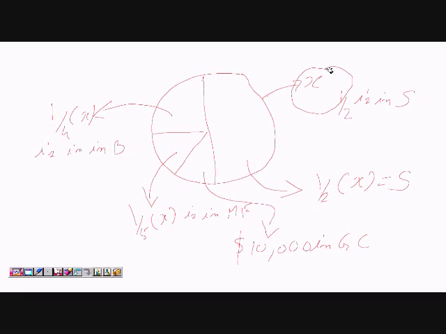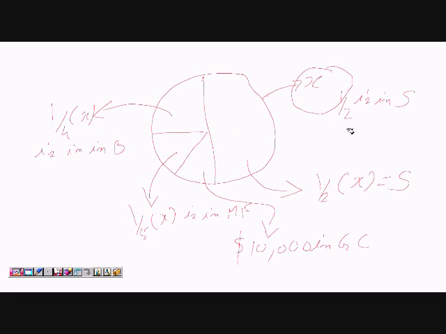Now, given all this, we are supposed to find the value of X. What is the amount in X? One way to do it is a pretty simple equation. X is the total of the amount in stocks, which is this piece here. Then the other piece is the amount in bonds.